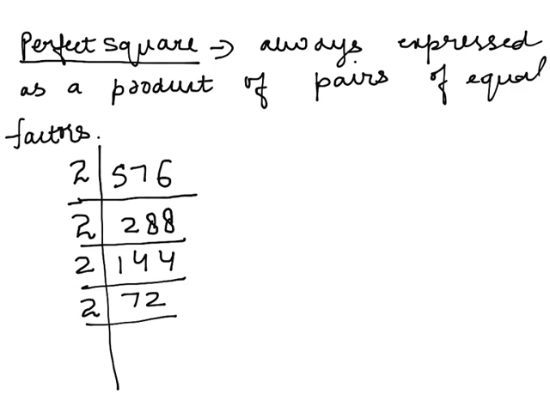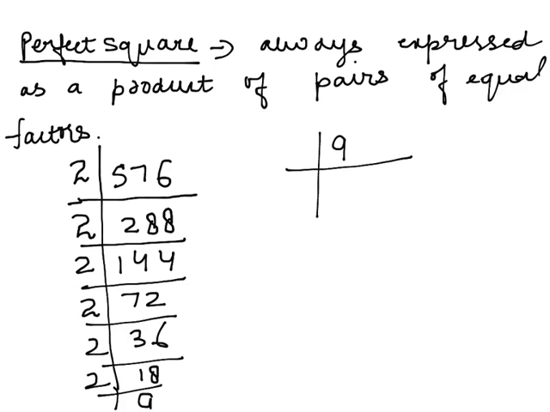Then we divide by 2, we get 36. Then 2, we get 18. Then 2, then we get 9. Here we are left with 9. The smallest number by which 9 is divisible is 3.